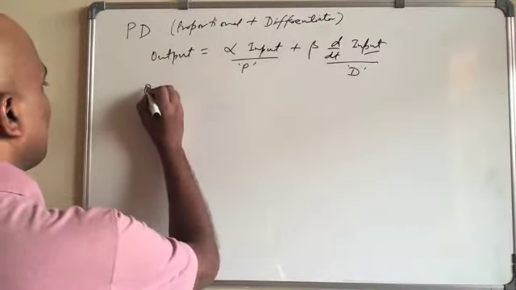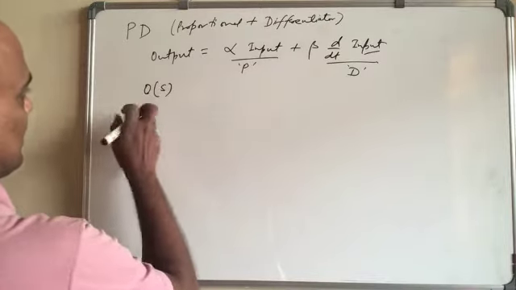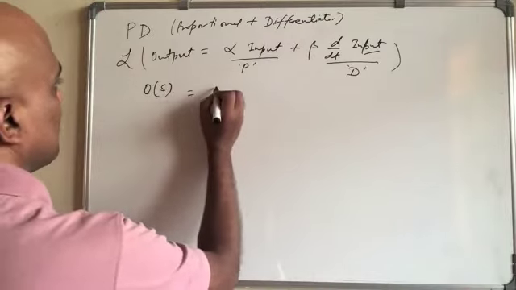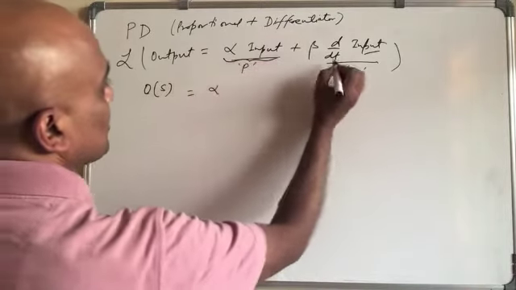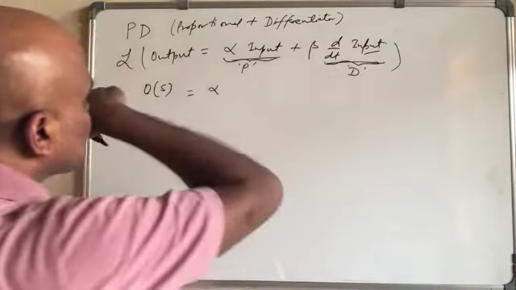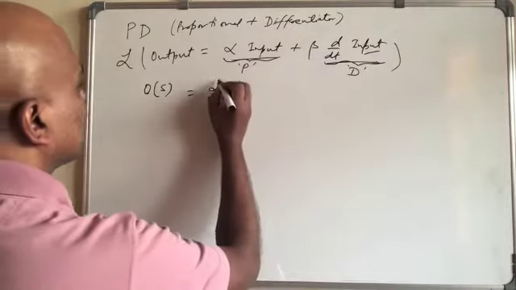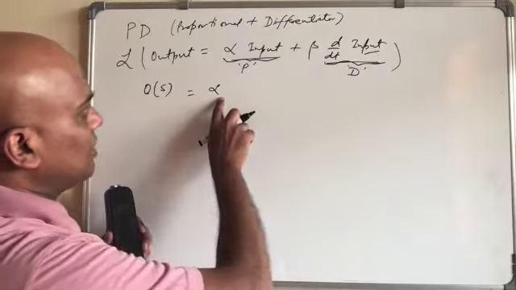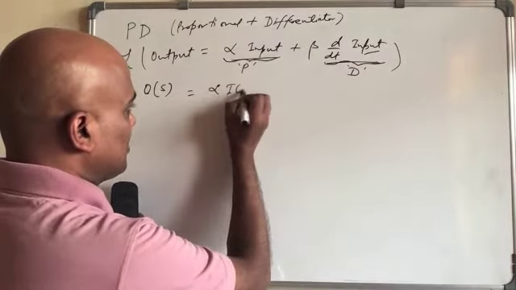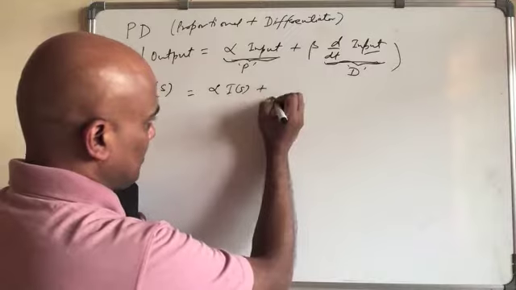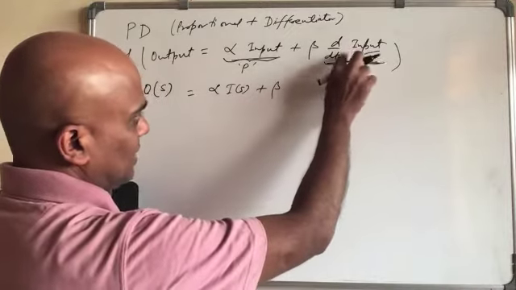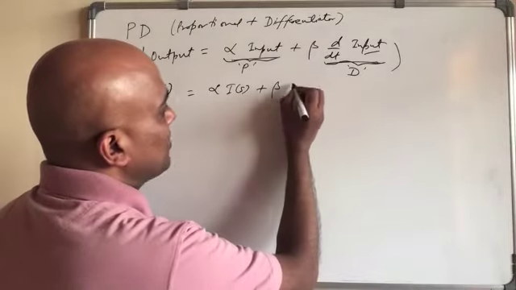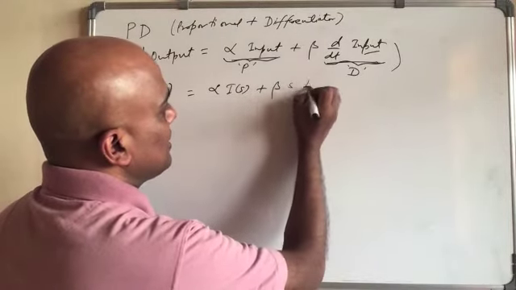So what you see is output. If you take the Laplace transform here, O(s) is equal to alpha times input I(s) plus beta, and this is a differentiation, so automatically s is multiplied, s and then I(s).